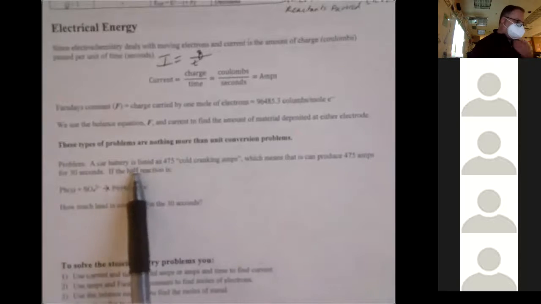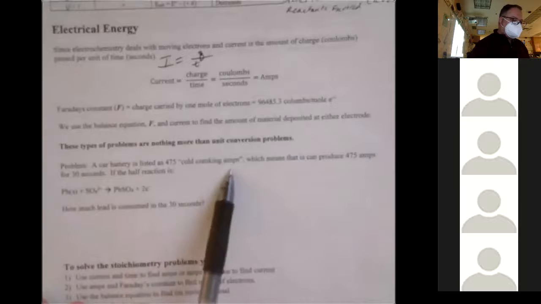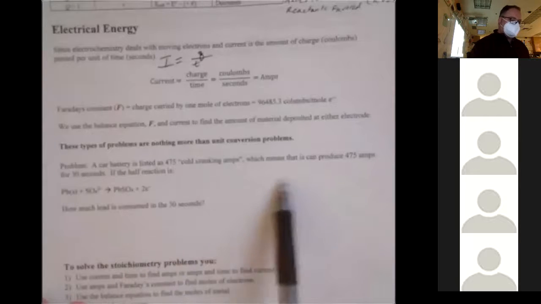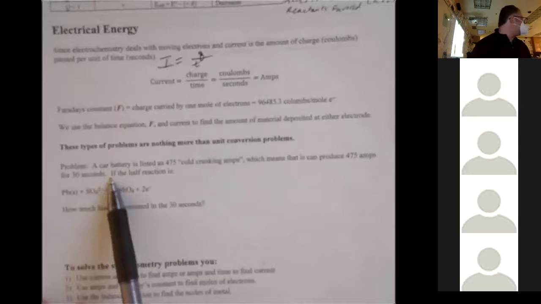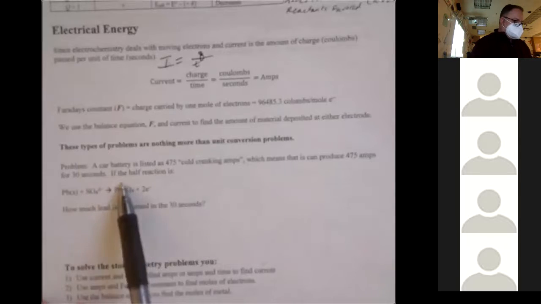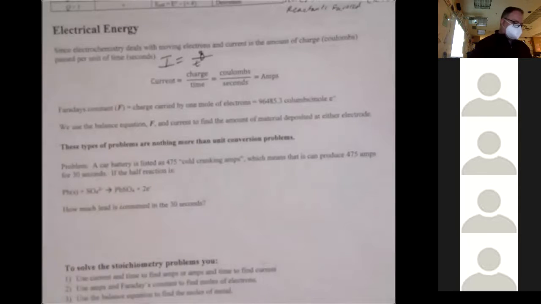And as it says, the car battery here is listed as having 475 cold cranking amps, which means that it can produce 475 amps for 30 seconds. If the reaction is this for the lead battery, how much lead is consumed in 30 seconds?